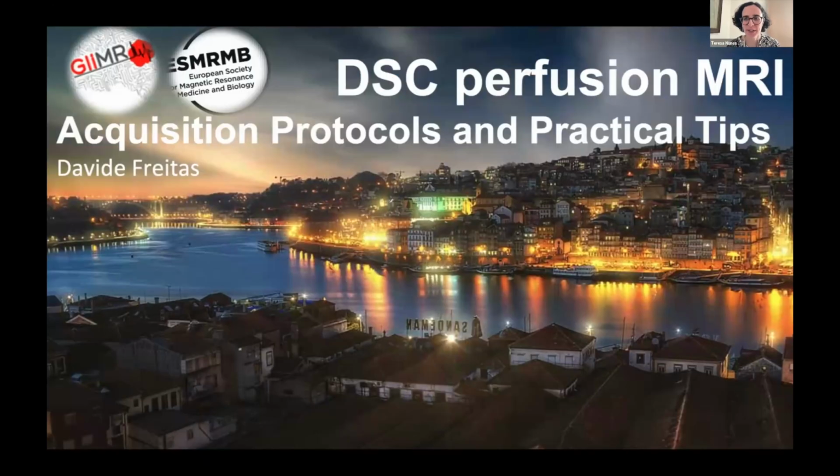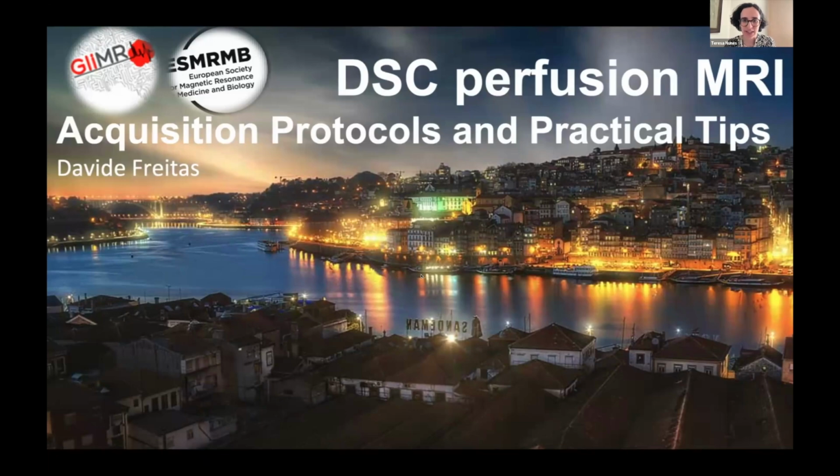Thank you very much, David, for this overview of all the steps that are necessary to take into consideration for acquisition, and also the importance of the post-processing in order to obtain reliable information to use in clinical interpretation. We are running a little bit out of time, but we have some questions in the chat.